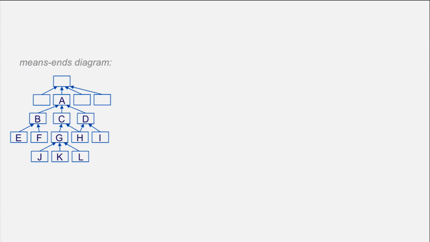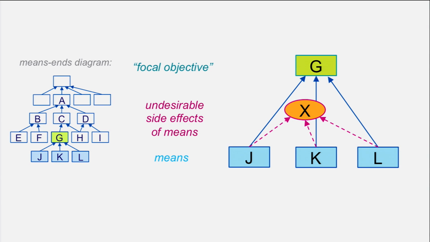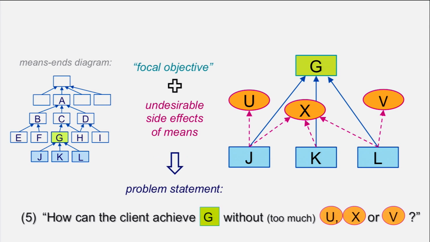When we consider G as focal objective, we imagine what would happen if our client would use means J, K or L. And if that leads us to identify also U and V as undesirable side effects, a 5th problem statement would be, how can our client achieve G without too much U, X or V?